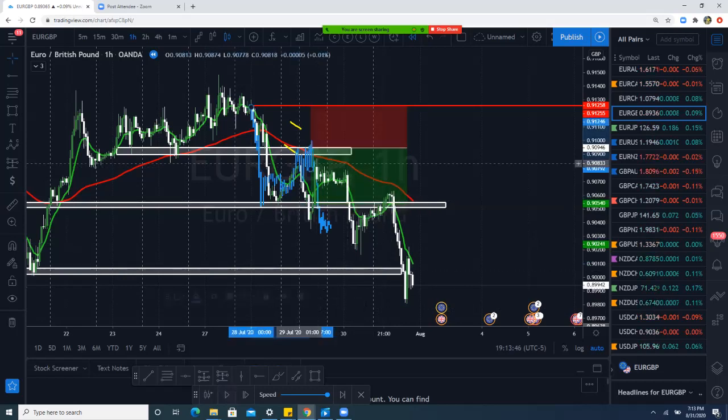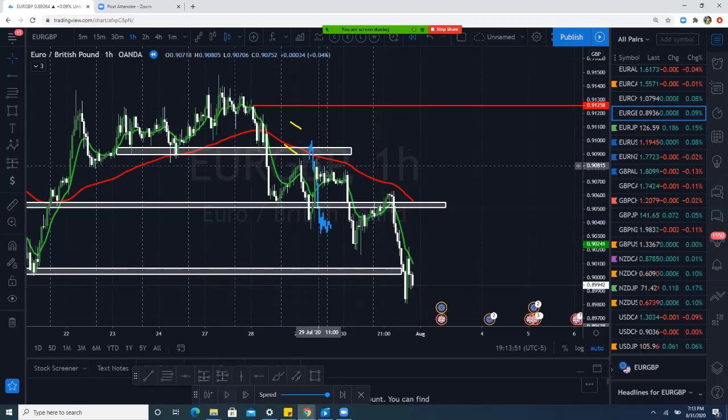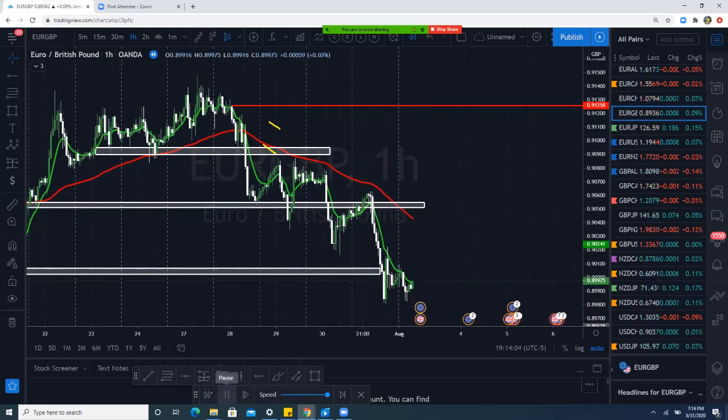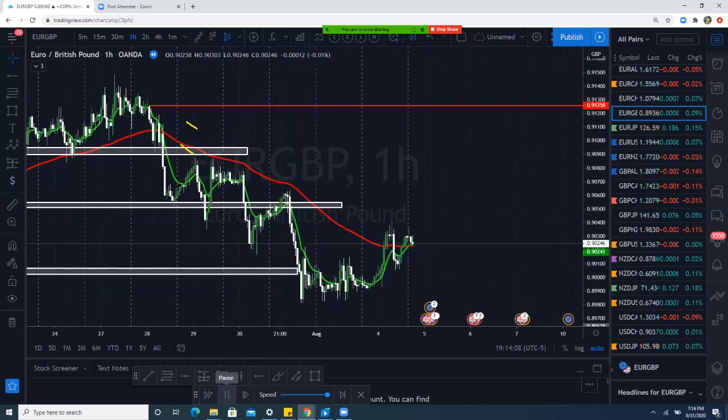So if I delete this out, there's really no engulfing candles here yet. But maybe if I keep going, there is one. If there's not, you got other pairs to trade, so there's no big deal. There we go there.